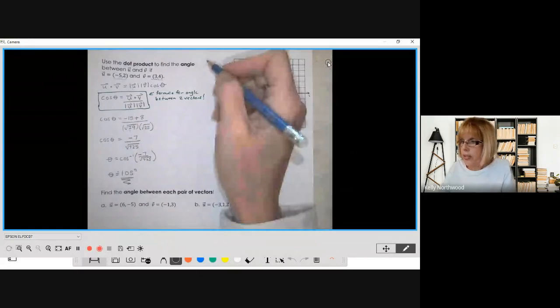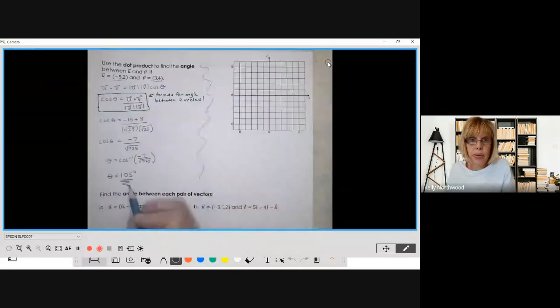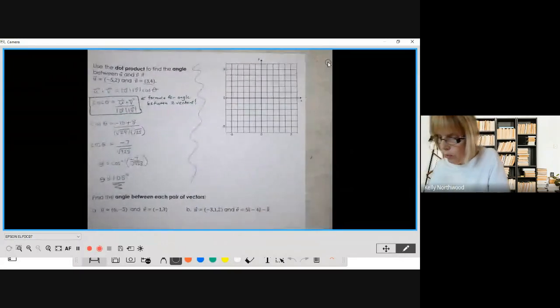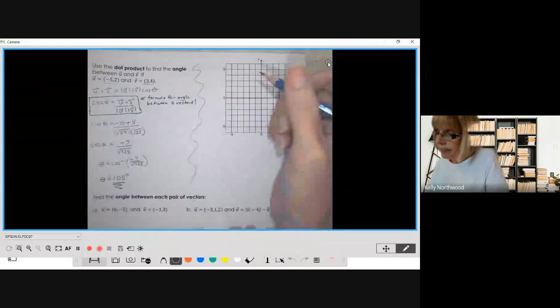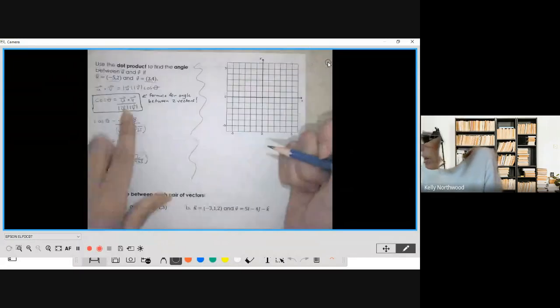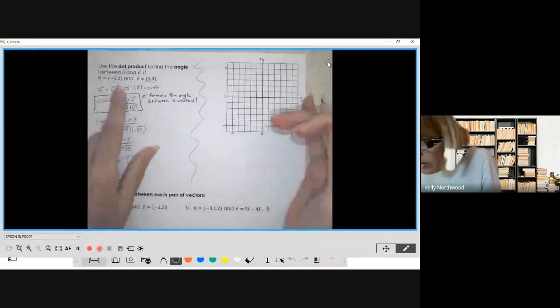All right, so now what I'm going to do is prove to you that that is actually the answer using our diagram here and just plain old SOHCAHTOA, and then we'll know in our heart that that's true, and then we'll use it in 3 space to find the angle between two vectors there as well. So if I have the vector negative 5, 2, we know that that's the vector that starts at 0, 0 and ends at negative 5, 2.